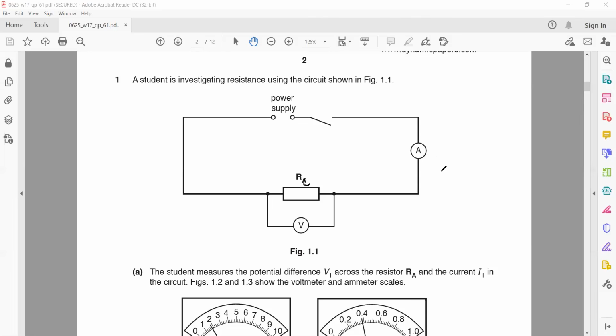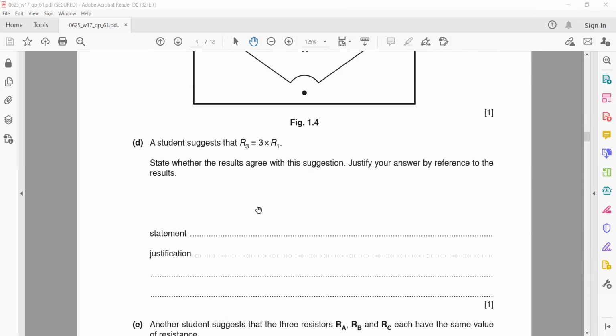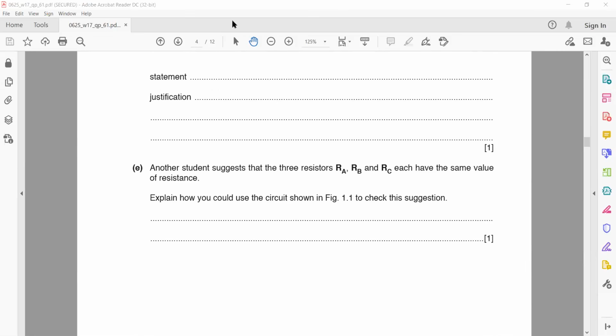So we will change the resistor and measure the voltage and current to find the resistance of each.